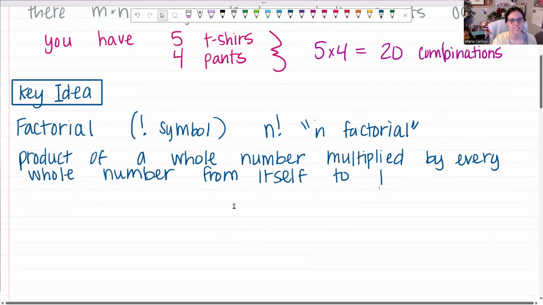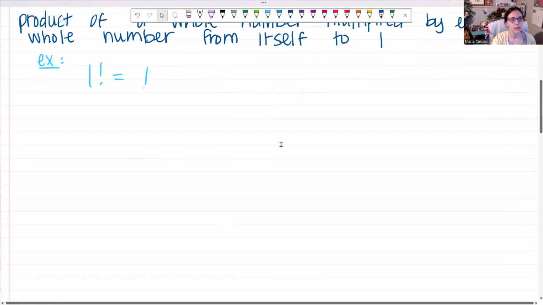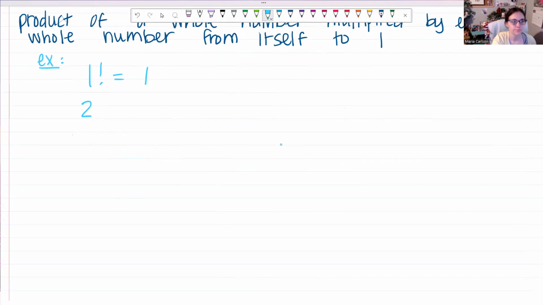So, some examples of factorials. 1 factorial is just 1, 1 times 1. 2 factorial is 2 times 1, or 2. 3 factorial is that whole number 3 times 2 times 1.